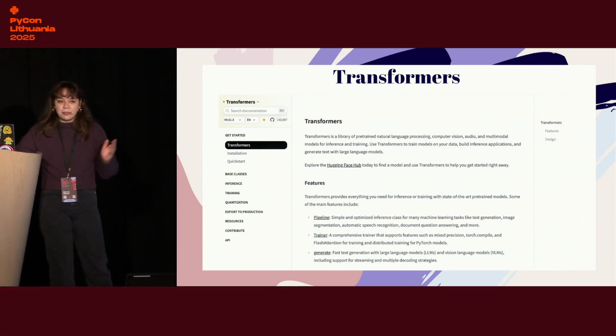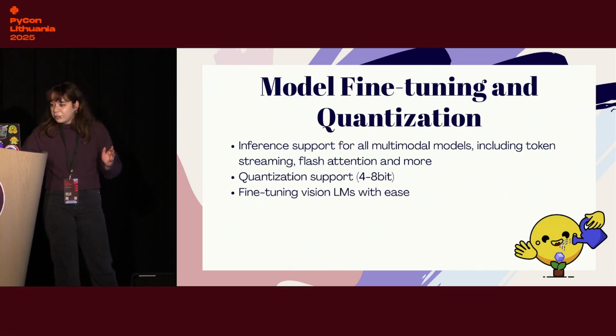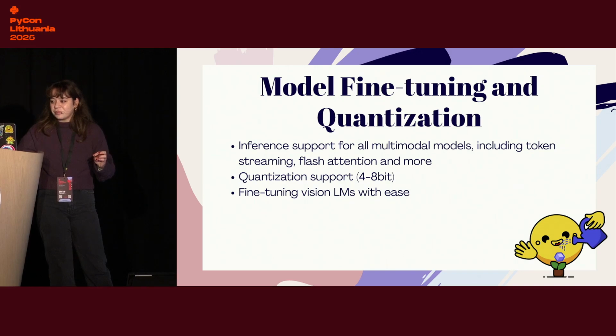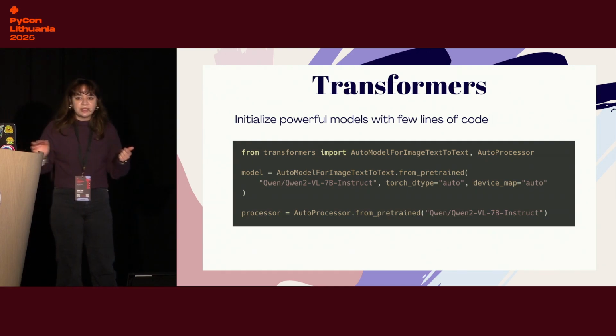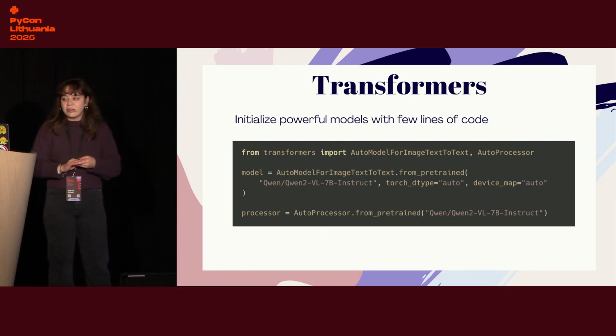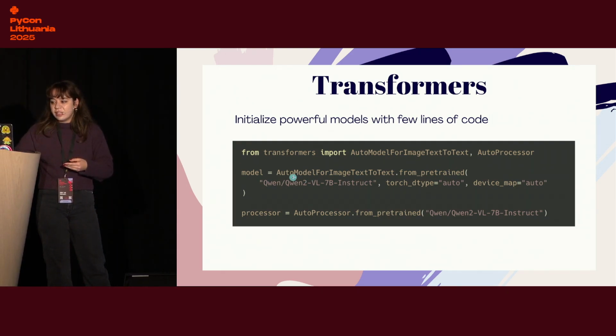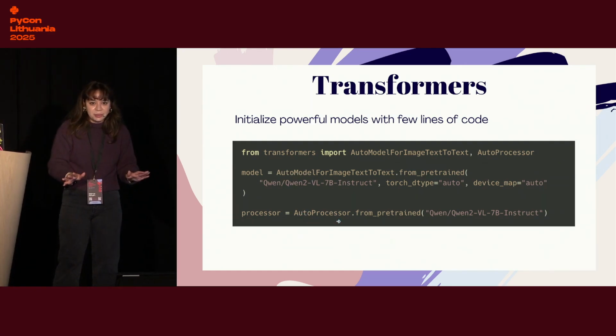It has some very easy to use APIs that I'm going to show. Basically, it has inference support, quantization support, and fine-tuning support for different models. You can initialize very powerful models with only a few lines of code. We have an API called Multimodal and AutoProcessor, which initializes the model for you right away.